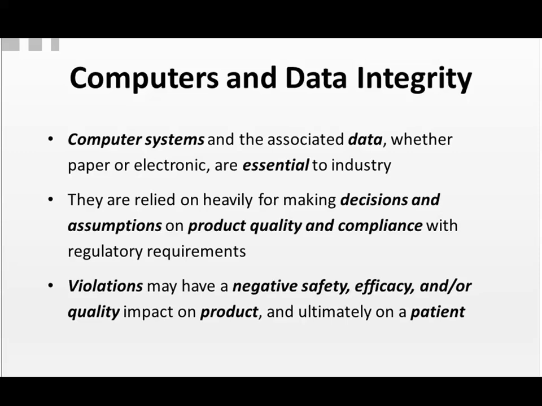And violations can have a very serious negative safety, efficacy, or quality effect on a product and ultimately on the consumer or patient. So computer systems and the data are at the core of allowing a company to deliver safe and effective drugs and products to consumers.